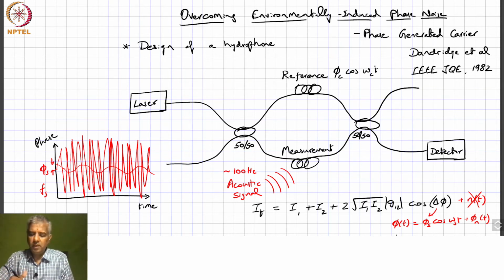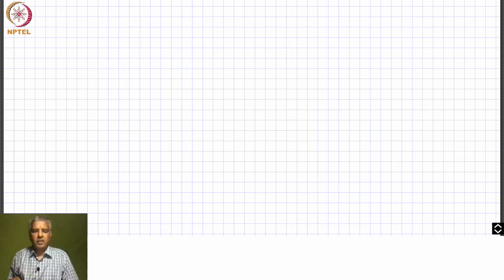So, essentially you have biased all your modulation to a higher frequency. It's around that frequency you are making your measurement, okay. So, you can possibly get away from making a measurement near the baseband where 1 over f noise is dominant, okay. So, let us see how this can be achieved, okay.